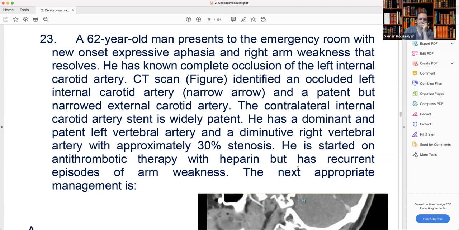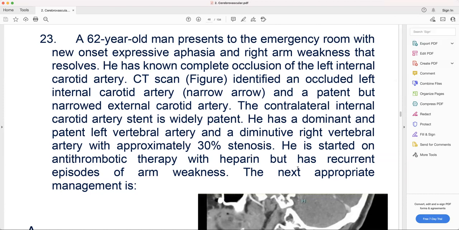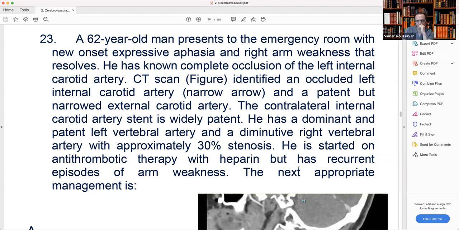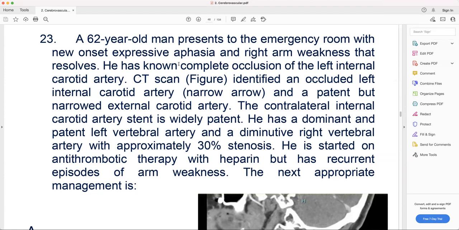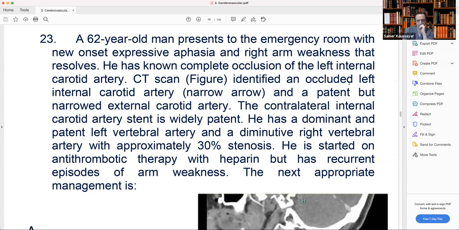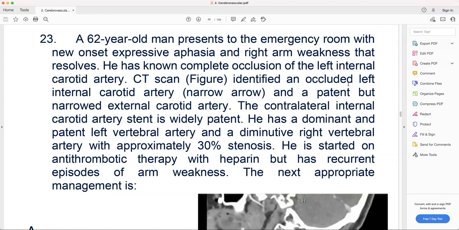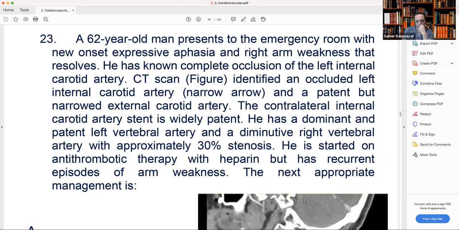Okay, before we go, let's see what he has. He has an occlusion of the left ICA, correct? Yes. Complete occlusion. But he's coming still with a TIA on the right arm. They look at the other internal, it looks fine. They have a stent and it's widely patent, right?